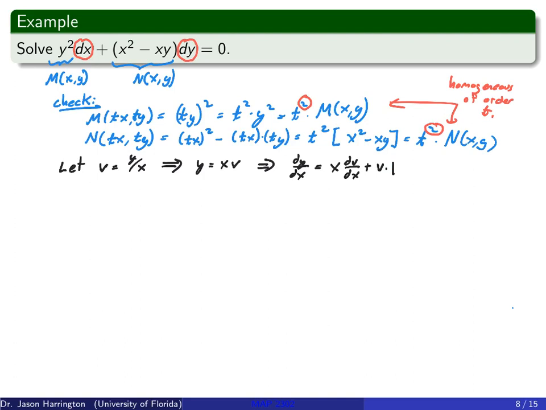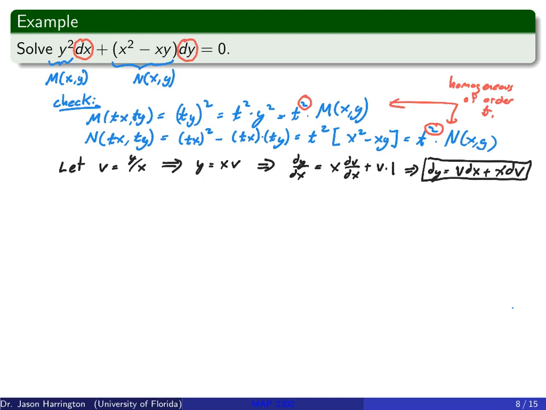And you can also just rewrite this by multiplying everything through by dx, then dy is just equal to, I'll write the v one first, v dx plus x dv. All right, so that's the equation that I'm going to use for my substitution.